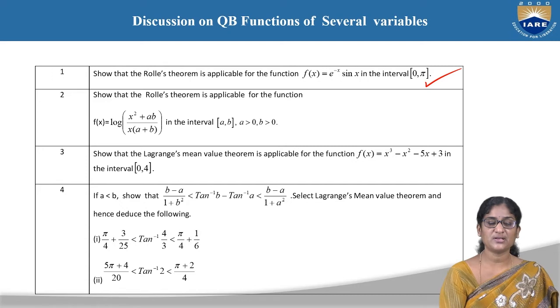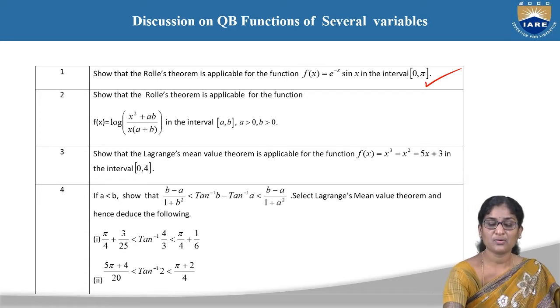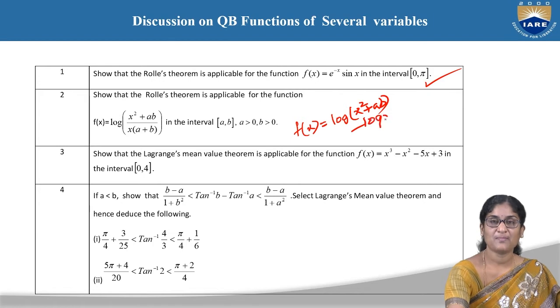Second question: f of x is equal to log of (x square plus ab) by x into (a plus b). Here also, before going to the question, it is better to split up this log of a by b as log of a minus log of b, that is, log of x square plus ab minus log of x minus log of a plus b.